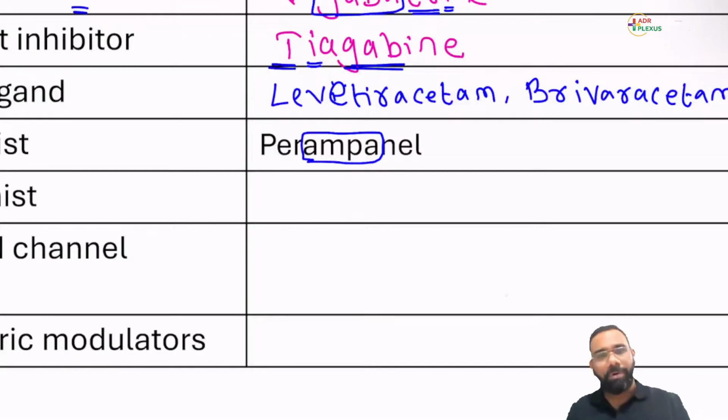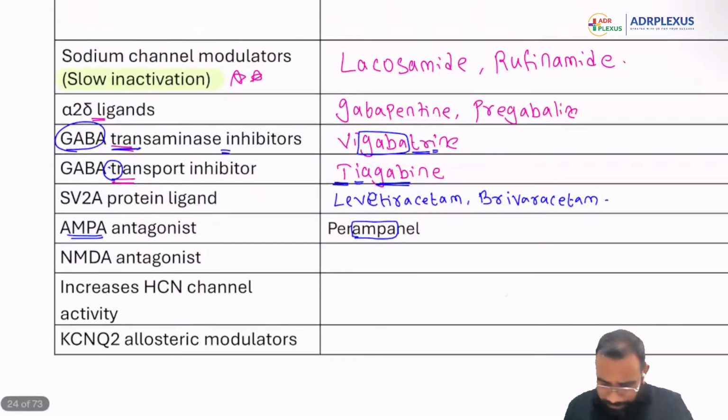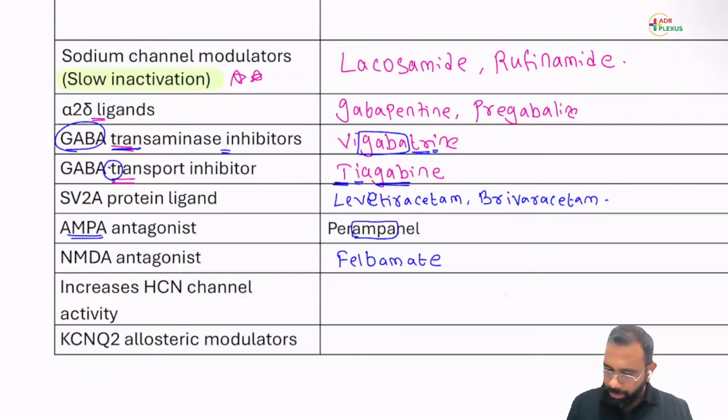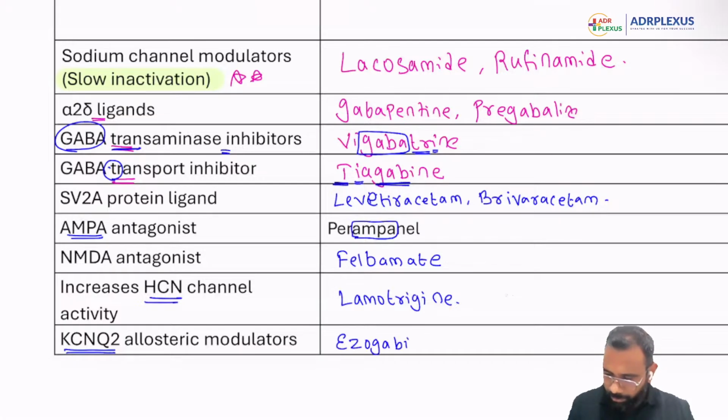Next, NMDA antagonist, felbamate. Increases HCN channel, that is nothing but lamotrigine. Of course, lamotrigine has multiple mechanisms. Characteristic one, potassium channel allosteric modulator: ezogabine, also known as retigabine.